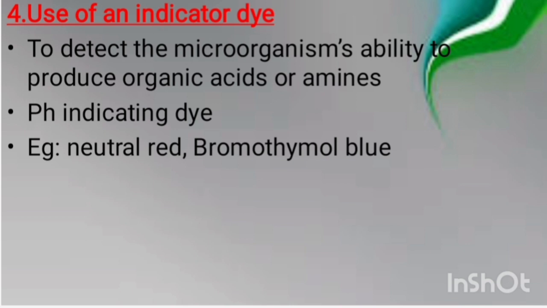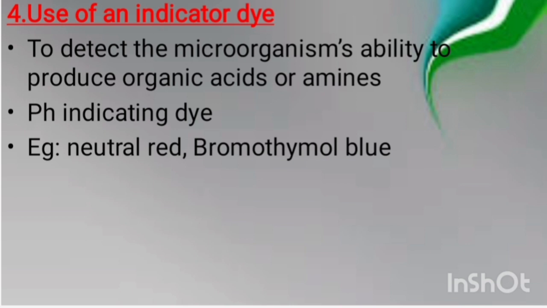For the procedure, the dye is added into the nutrient agar media, then the inoculum is added to that media, then the media is incubated. So the color change in the dye occurs, which indicates the cells produce organic acid or amines. So it is a simple procedure.